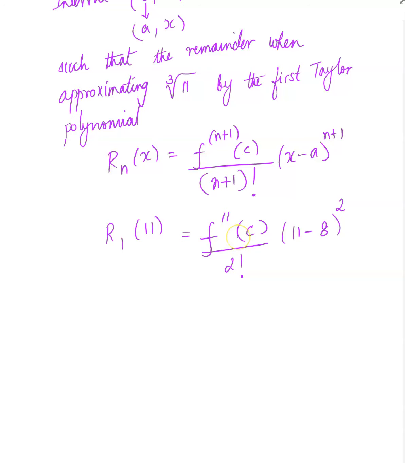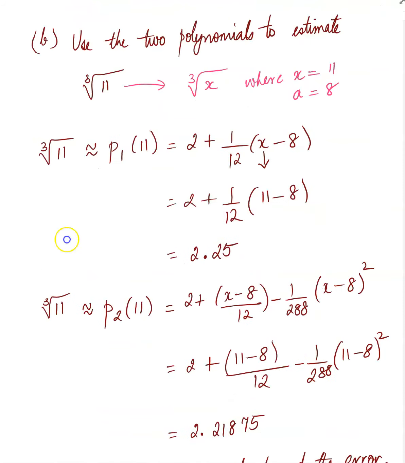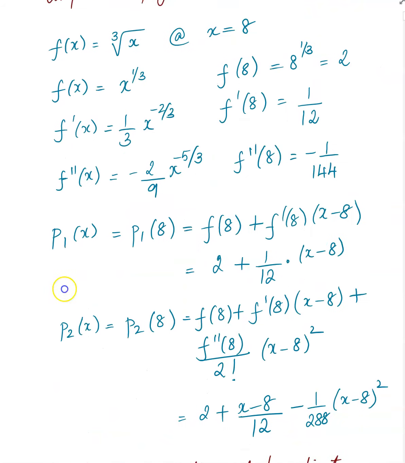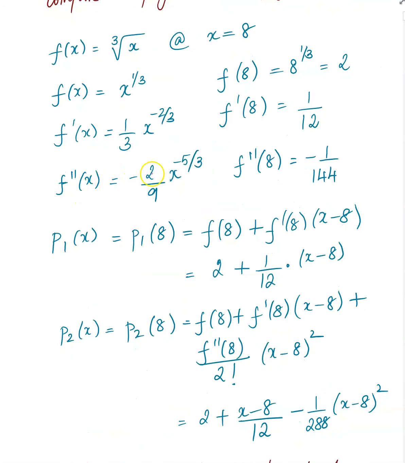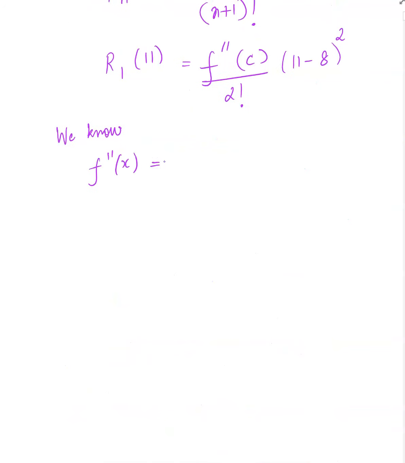Now we know that f double prime of x, we don't know about the c, but for a general x, f double prime of x was negative 2 over 9, x to the power negative 5 over 3. And when x was particularly 8, we got negative 1 over 144. So let's use these two details.